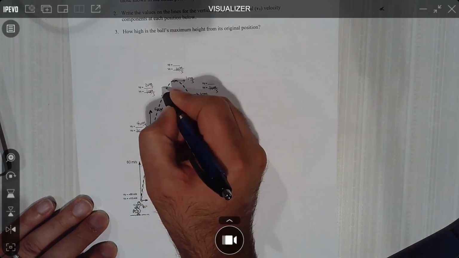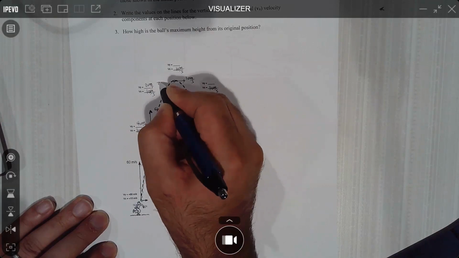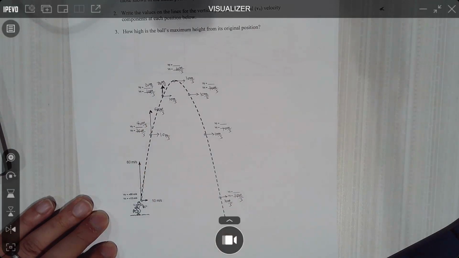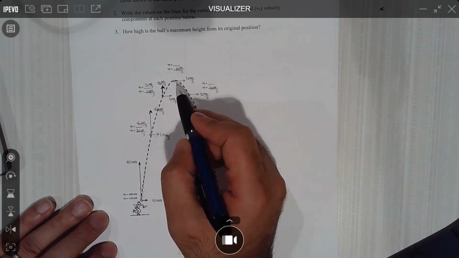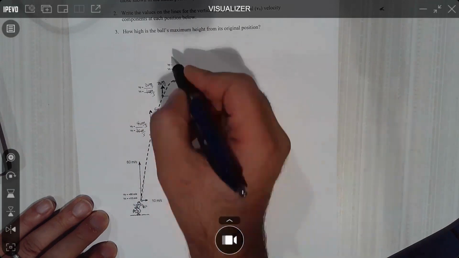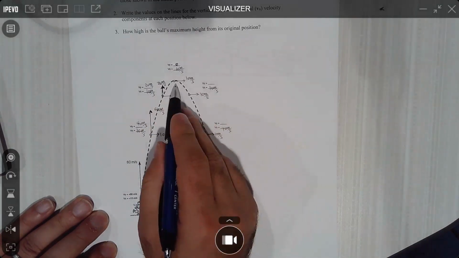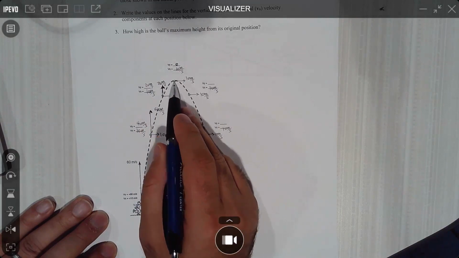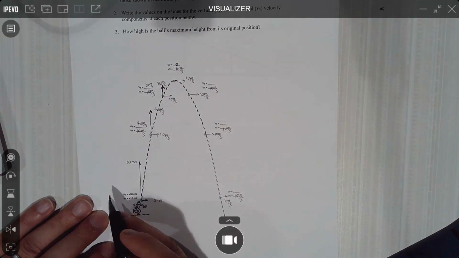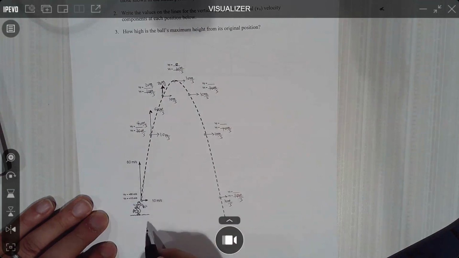Good. The next 2 seconds, it is going to be 0. So the y component of the velocity here doesn't have any value. The value is going to be 0.